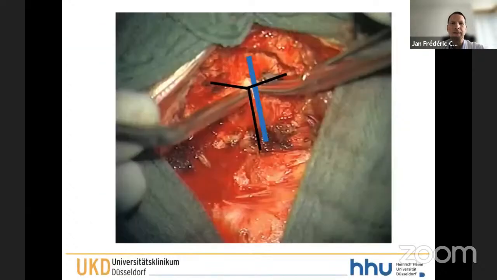So this is an intraoperative photo here. Sometimes if you encounter an occipital sinus, you have to do your Y-shaped incision a bit paramedian to avoid it, and you may clip it here with some Duraclips.